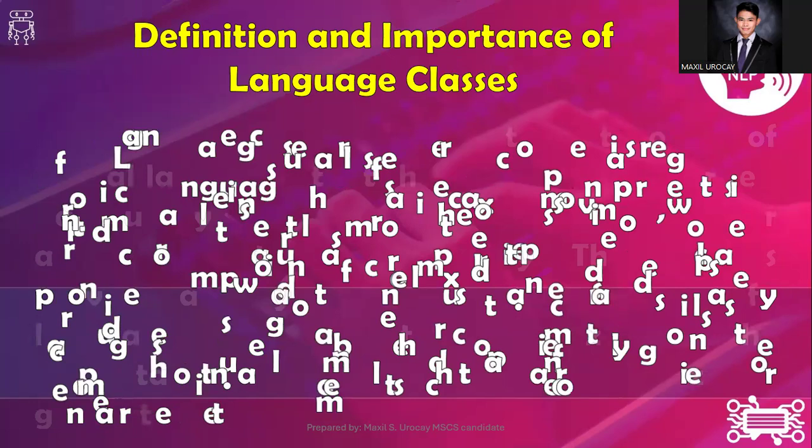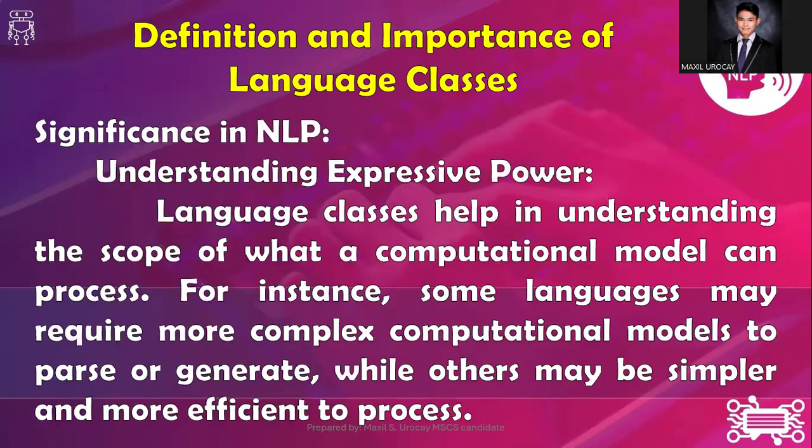So let me run through next the significance of these language classes. Understanding expressive power: language classes help in understanding the scope of what a computational model can process. For instance, some languages may require more complex computational models to parse or generate, while others may be simpler and more efficient to process.